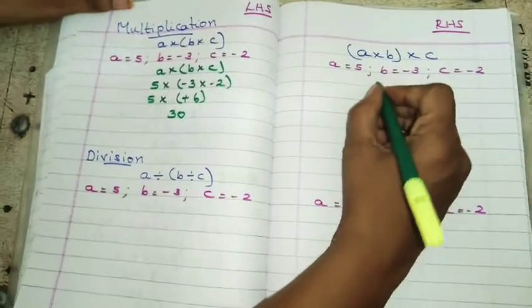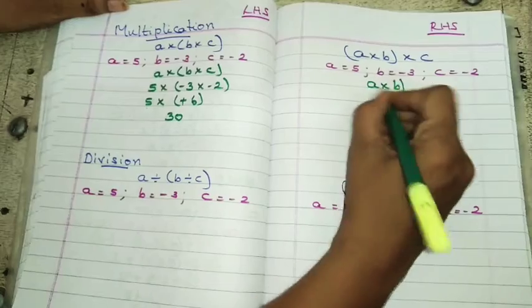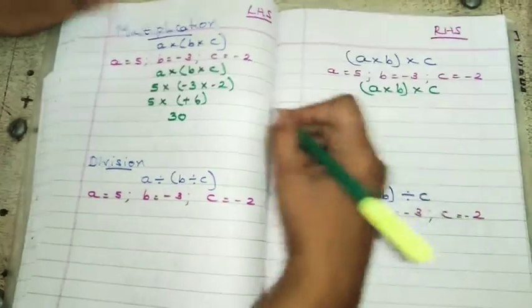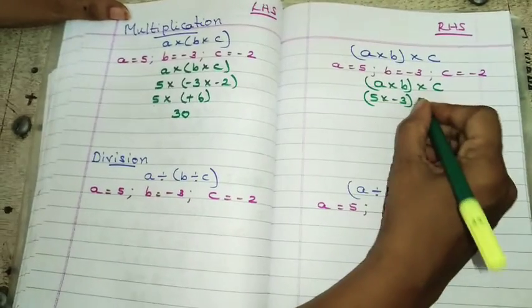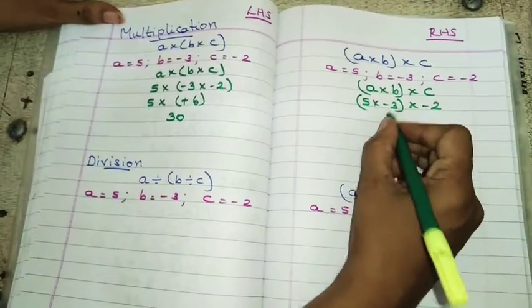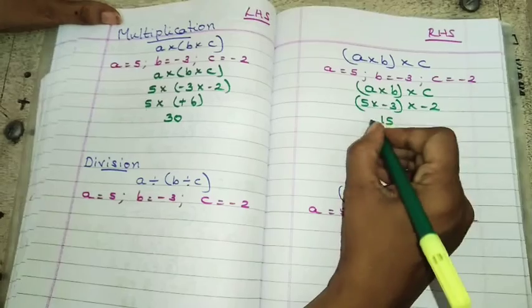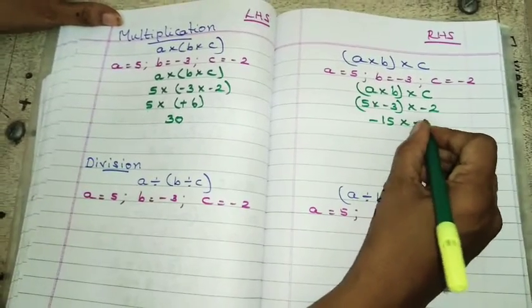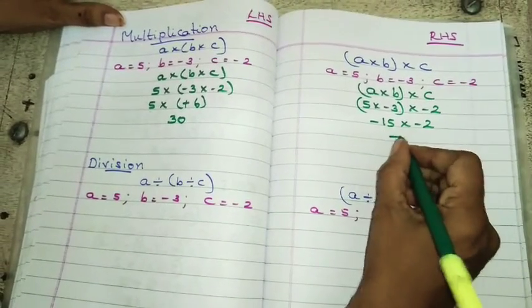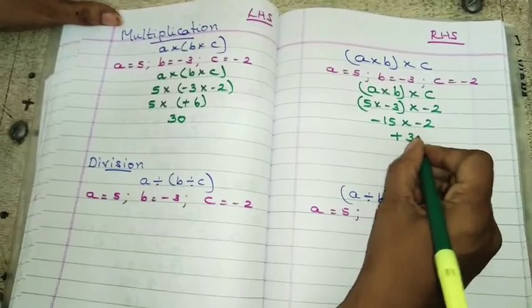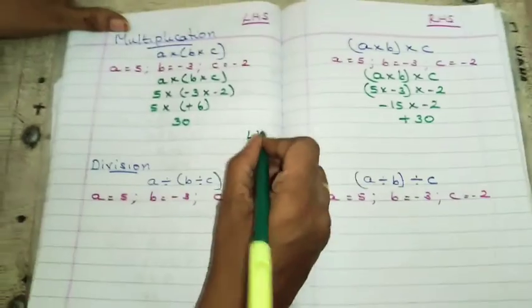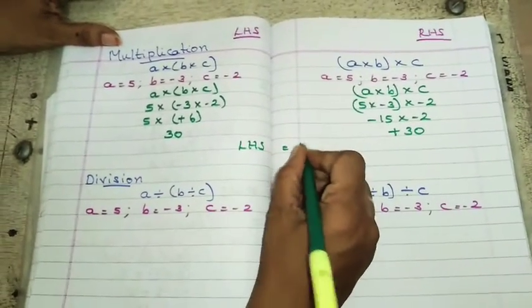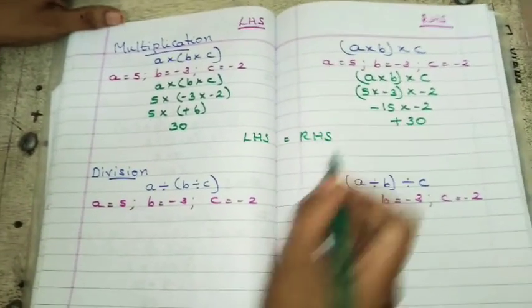Then RHS, A into B into C. So it is 5 into minus 3 into minus 2. 5 3s are 15, plus into minus, minus into minus 2. So minus into minus plus, 15 2s are 30. So both the sides are equal. LHS and RHS are equal. So multiplication is satisfied for associative property.